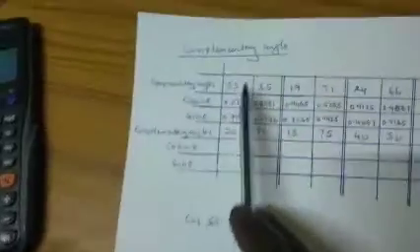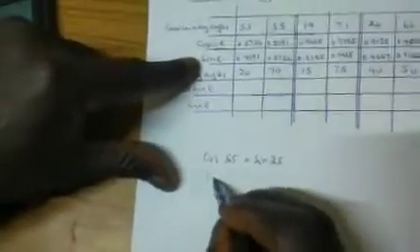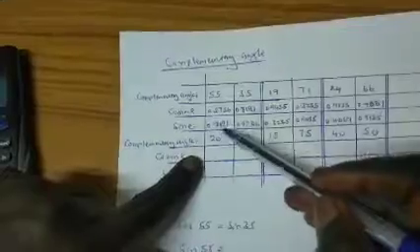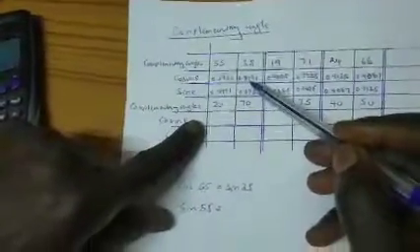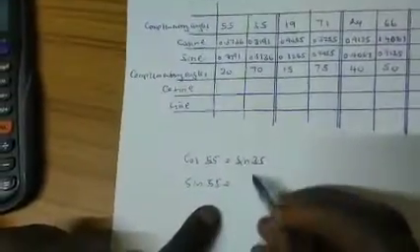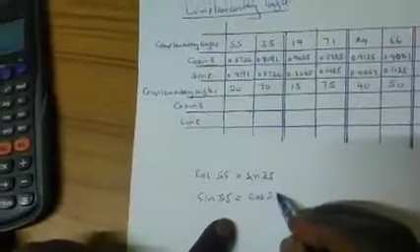If you also check the sine of 55, we realize that sine 55 is 0.8191 and cos 35 is also 0.8191. Therefore, sine 55 is equal to cos of 35.